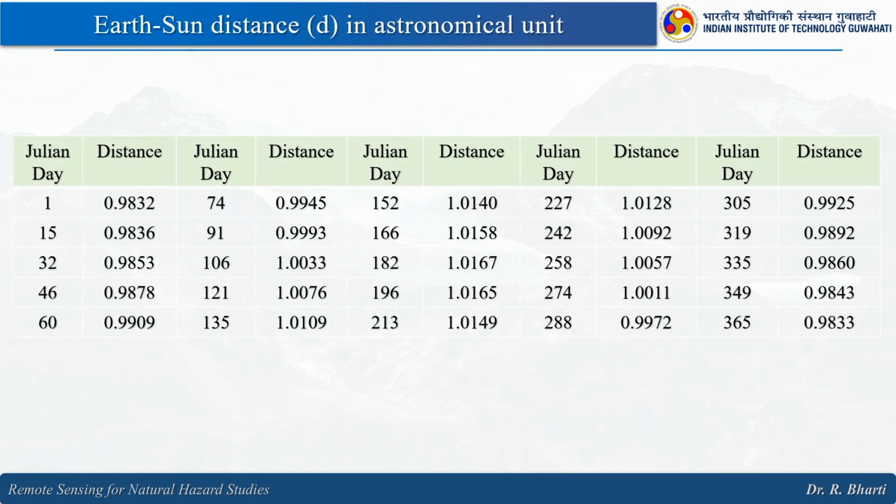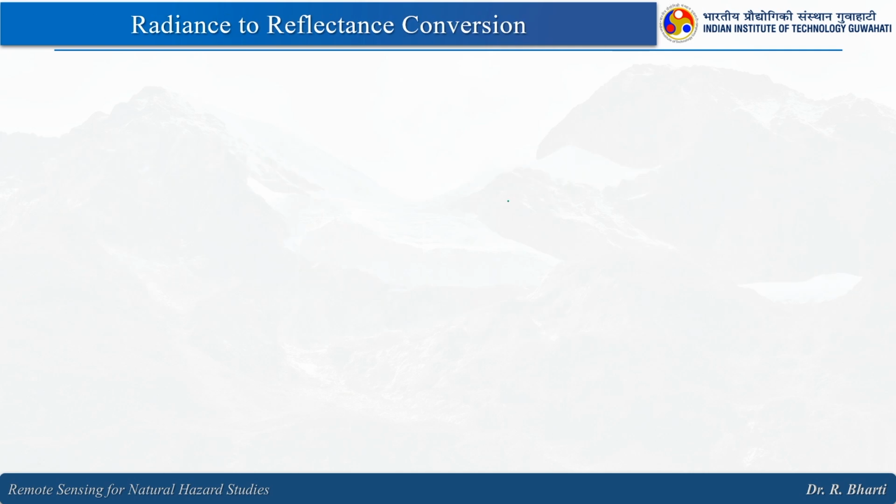So, all this information will be available to you, and this earth sun distance in astronomical unit is given in this particular table, and the day of the measurement will be provided to you in Julian date. So, the Julian date starts from 1 and it ends with 365. Accordingly, you can select the distance value from this table.